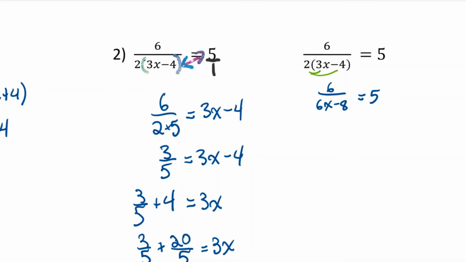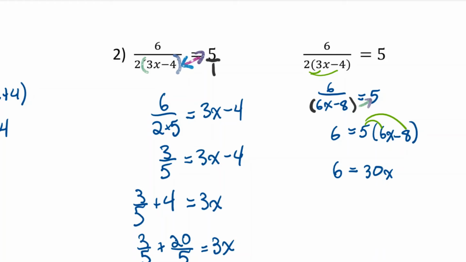And now I can take this guy up top. So I got 6 equals 5 times 6x minus 8. I am now going to distribute this 5 through my brackets and get 30x minus 40.